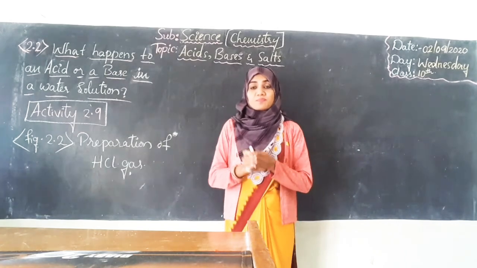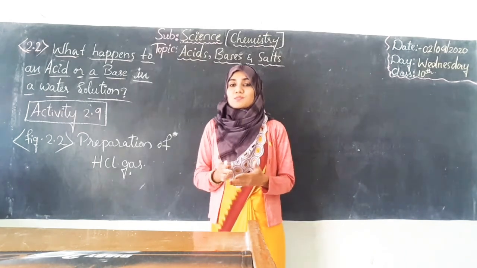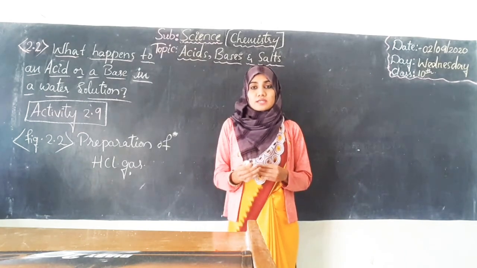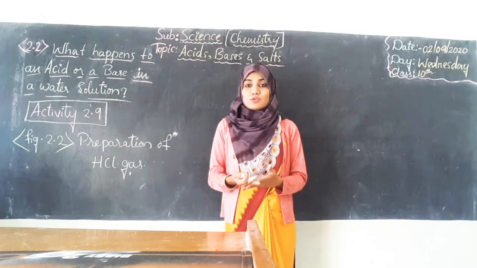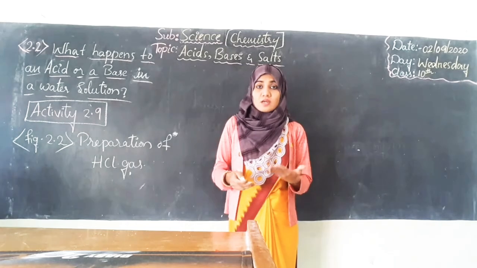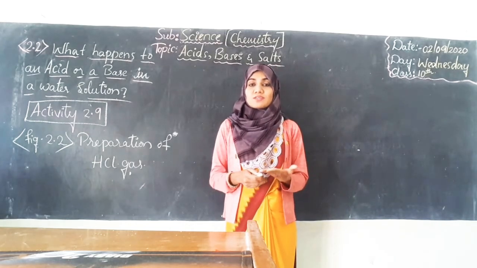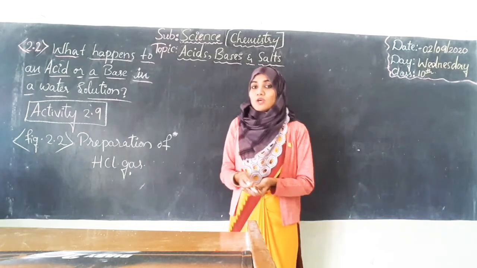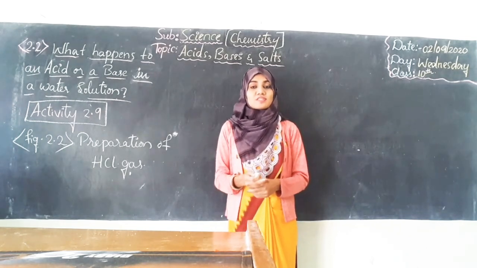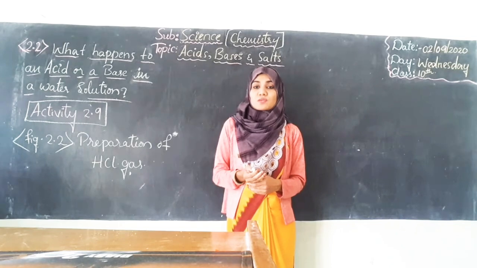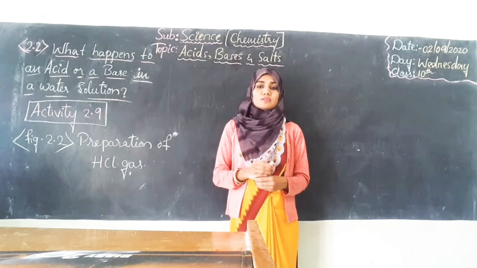Through this activity we shall see whether H plus ions are generated only in the aqueous solution, or whether they will be generated without the aqueous solution also. So let us perform an activity to see whether H plus ion liberation will be possible in the water solution or not.